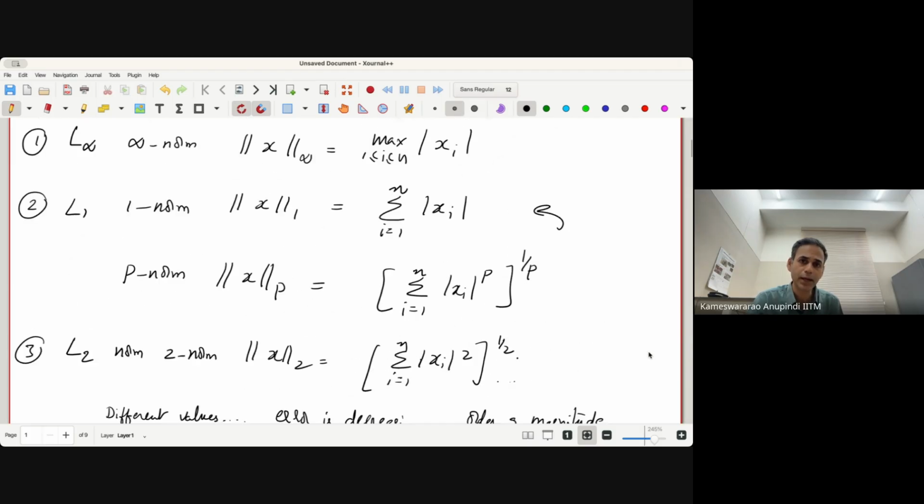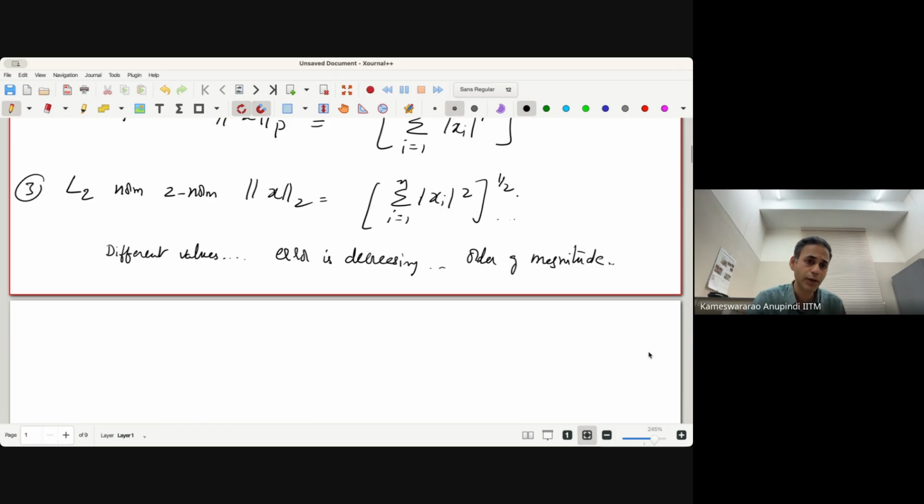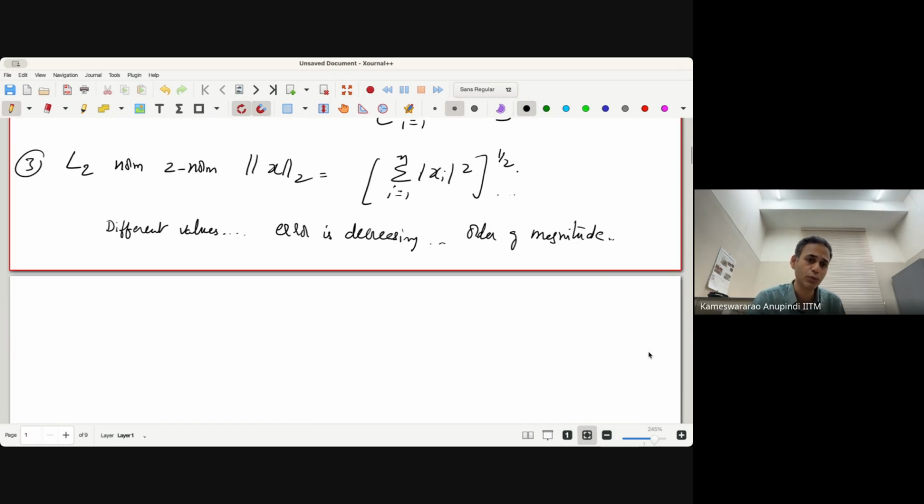Now again, these are a few norms that are there in the literature. You can also come up with your own norms to define for a vector. But all these norms that are there and that may be defined in future should satisfy the following properties.